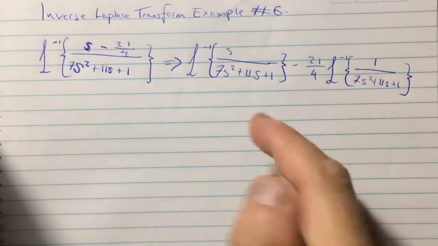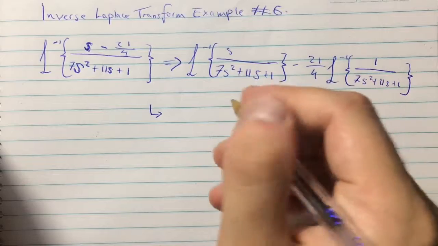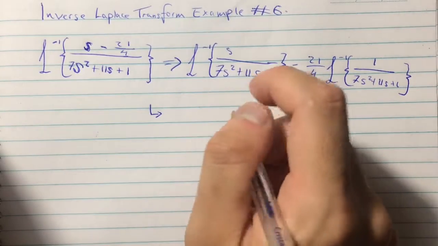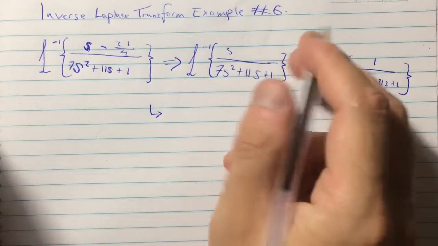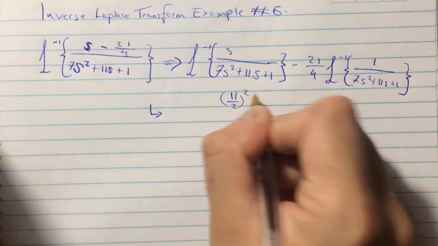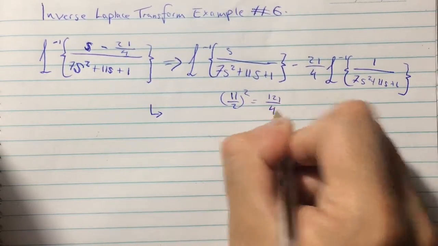Cool. So let's continue. I am going to complete the square because I can't actually factor this properly, as you can probably imagine. 11 divided by 2 squared is 121 over 4.